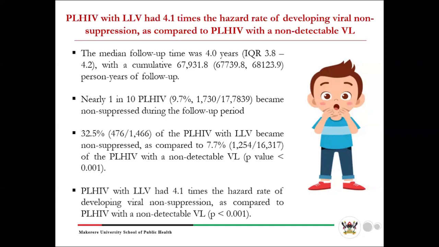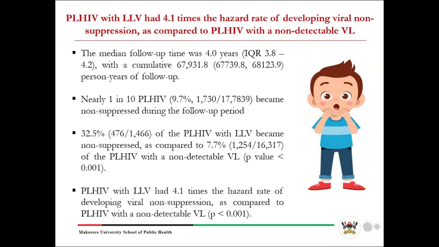However, important to note is that 32.5%, which was 476 out of 1,466 people with low-level viremia, became non-suppressed, as compared to 7.7% of people who had a non-detectable viral load.